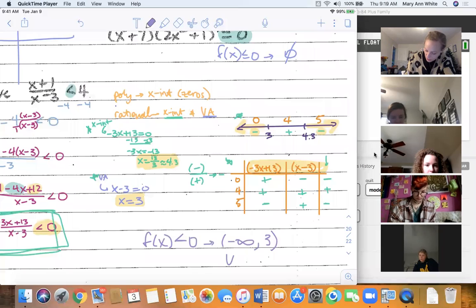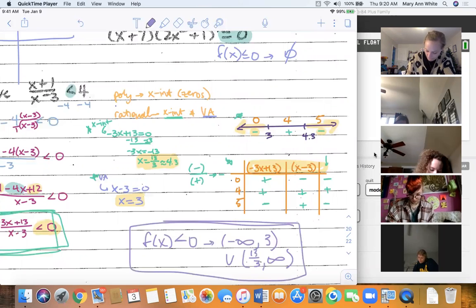And then it's also from, you can either write 4.3 or you can write 13 over 3. It does not matter to me. They're the same number, comma, positive infinity. Good. Remember, all my answers have been intervals. So if you're not getting an interval, you're doing something wrong.